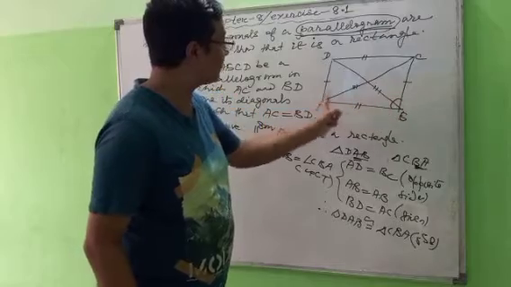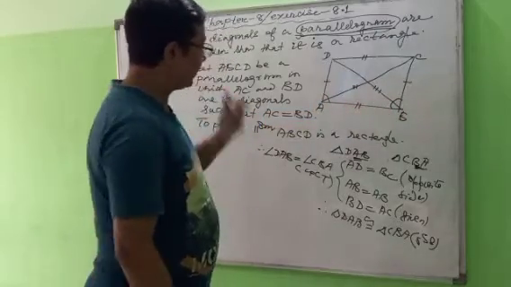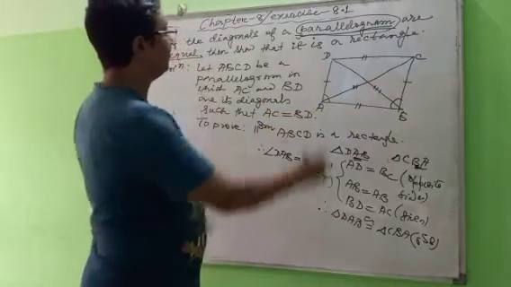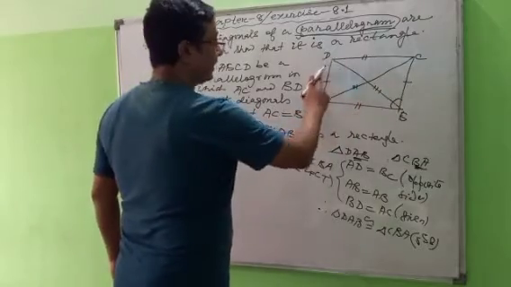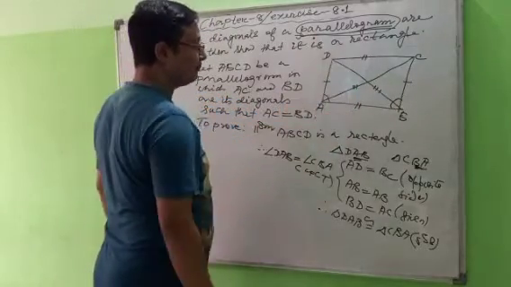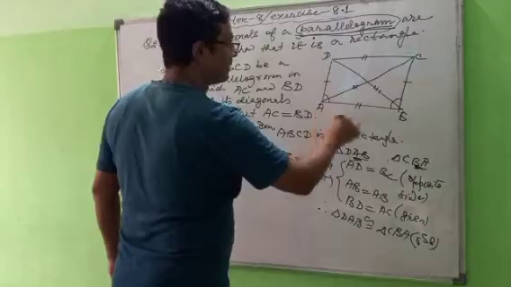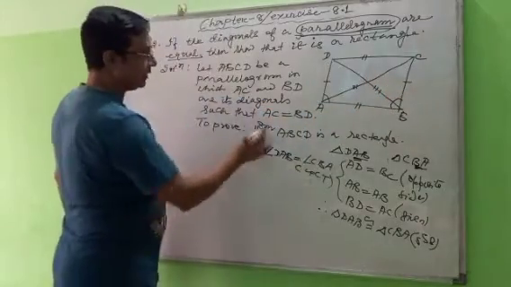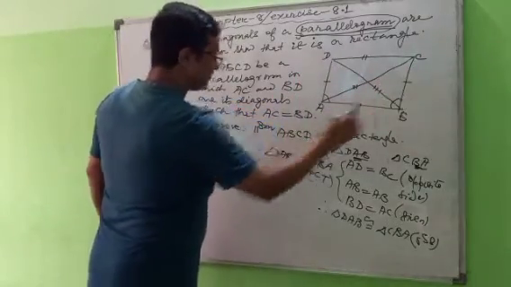So these two angles are now equal. Now again you see, as the given figure ABCD is a parallelogram, AD is parallel to BC.